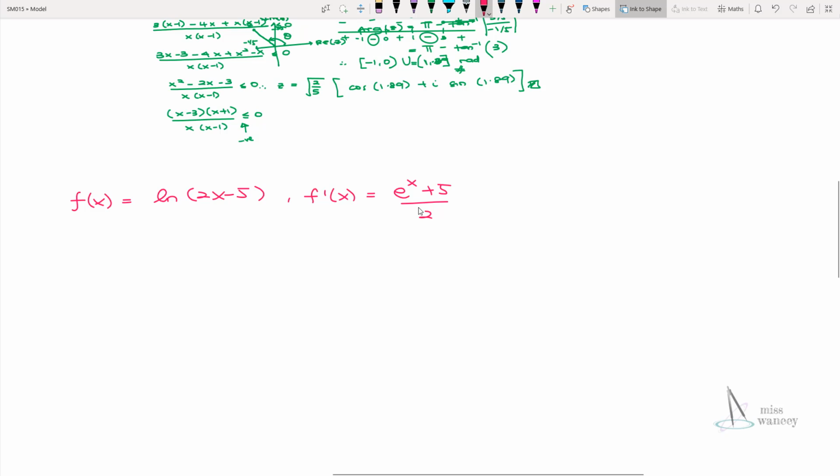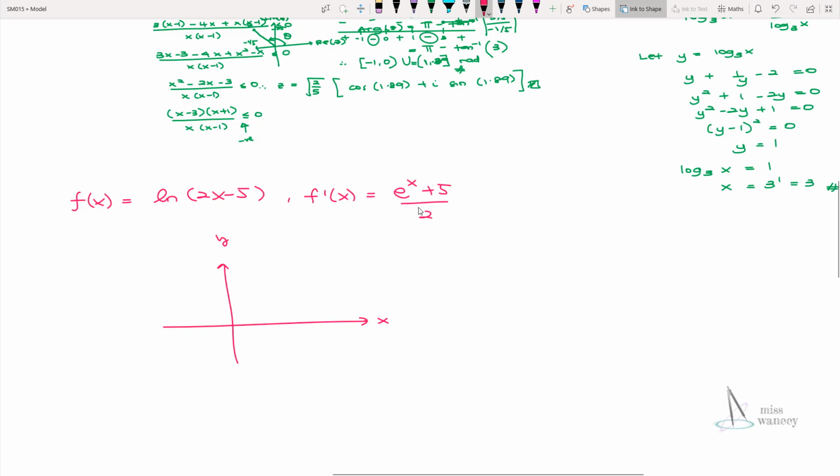Let me sketch the y and the x-axis. For the ln, we need to have our vertical asymptote. The vertical asymptote will be at x equal to 5 over 2. So let me draw a vertical asymptote for that, 5 over 2.